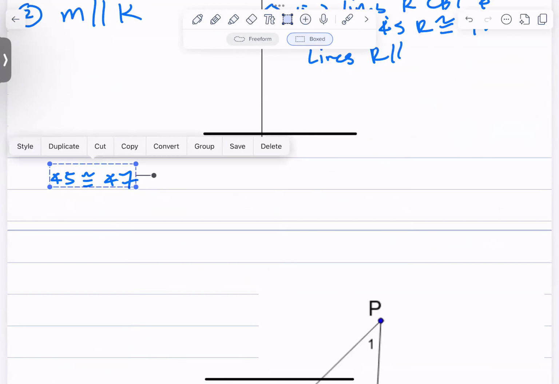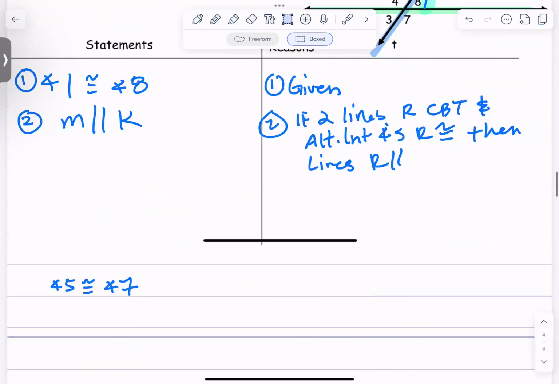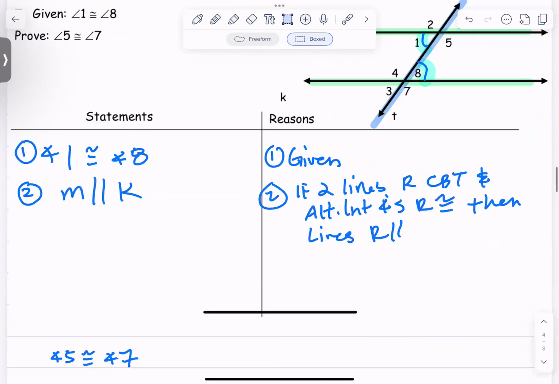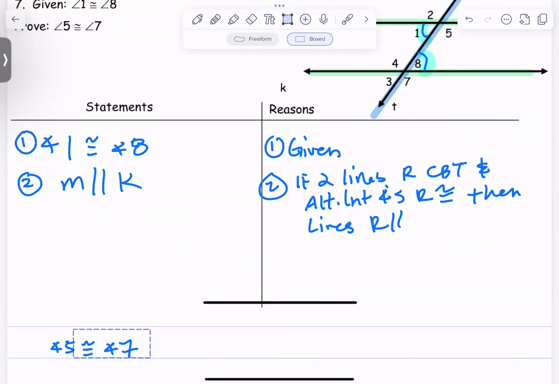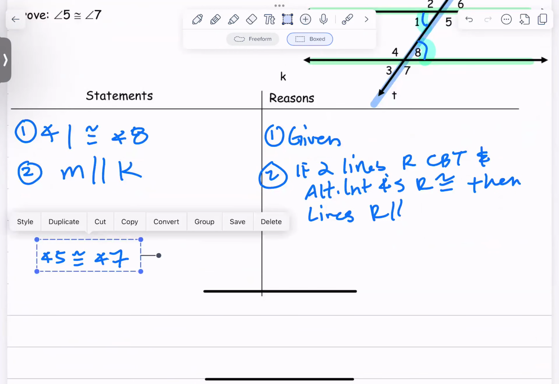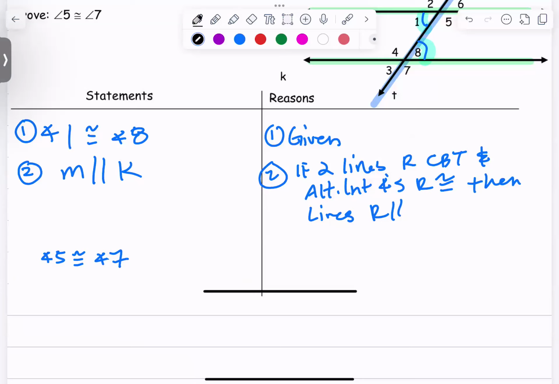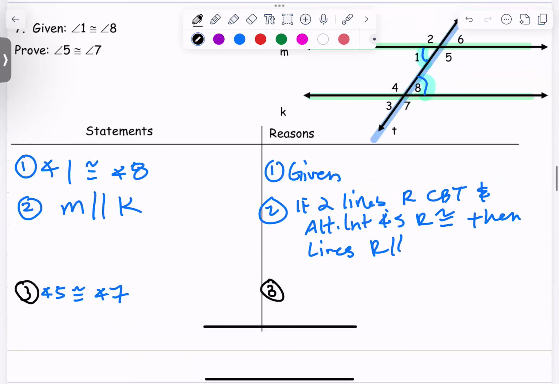I think I need more space. So if those two lines are parallel, do I know? Oh, actually, I don't need more space. Do I already know this? Why? Because now that I know that these two lines are parallel, I know corresponding angles are congruent. I know same side interior angles are supplementary.